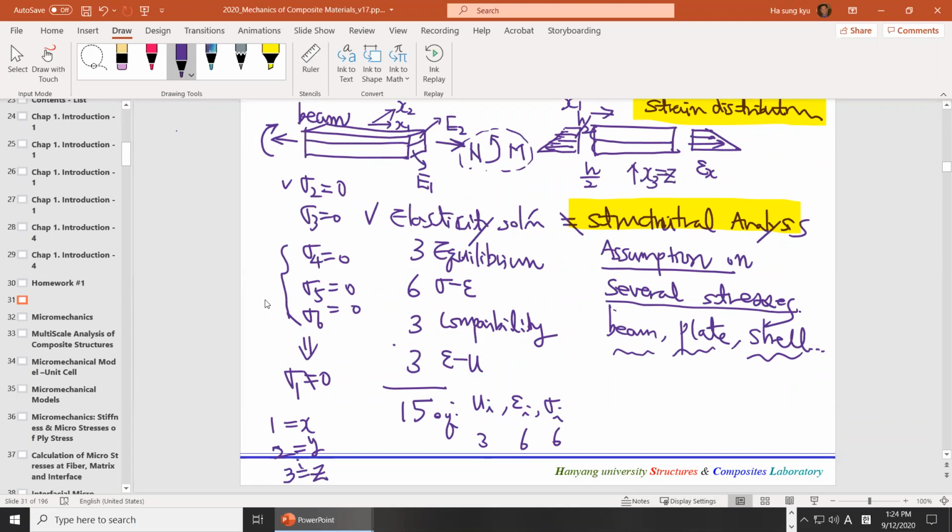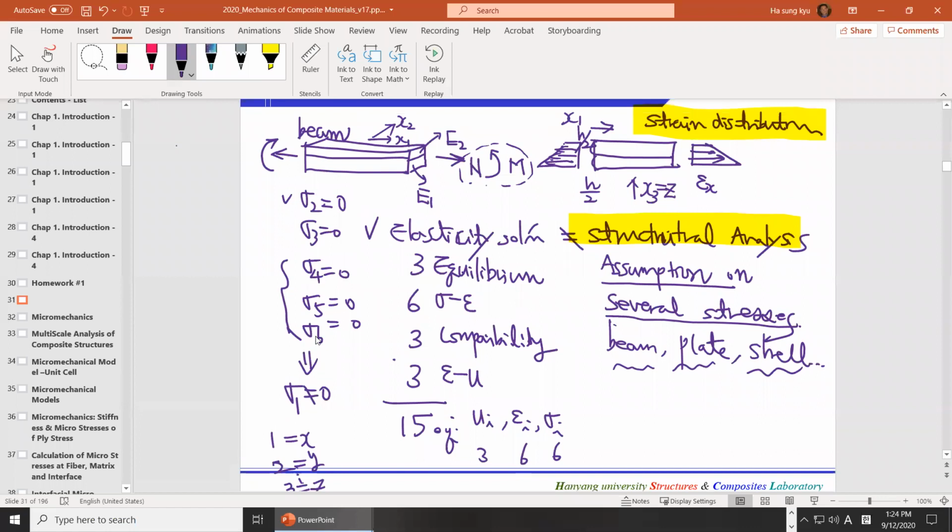Now epsilon x is the major strain along the beam, because this is x1, and we can call it x. Since it's assumed to vary linearly, epsilon x is epsilon x0, which is the constant, plus z times curvature. Here, z equals 0 is important.